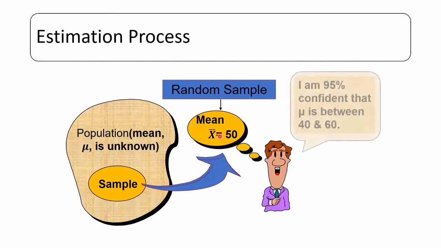So then you can say, I'm 95% confident that your population mean is between two values, between 40 and 60, because your sample mean is 50. So you can say you're 95% confident that your population mean is in between 40 and 60.